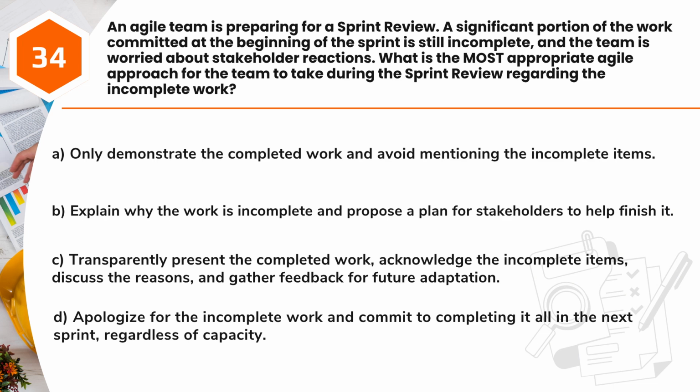B. Explain why the work is incomplete and propose a plan for stakeholders to help finish it. C. Transparently present the completed work, acknowledge the incomplete items, discuss the reasons, and gather feedback for future adaptation. D. Apologize for the incomplete work and commit to completing it all in the next sprint, regardless of capacity.